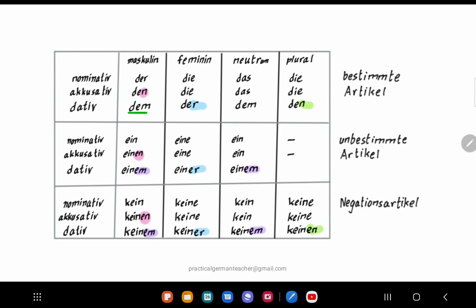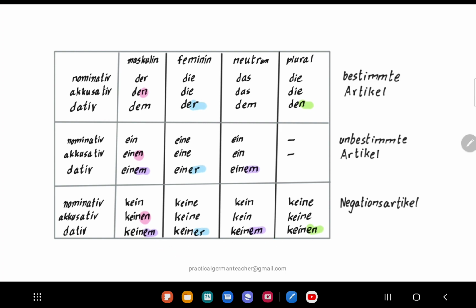What about dative? If you look carefully, I forgot to color code this one. I will do it. Let's see if I can find the purple color. I cannot find it, but okay, I will start with this one. Unbestimmte article, or maybe Negationsartikel. What is happening is that masculine and neutrum, everything changes.